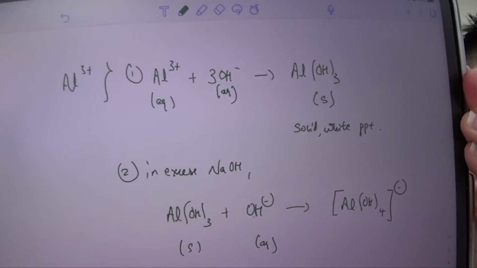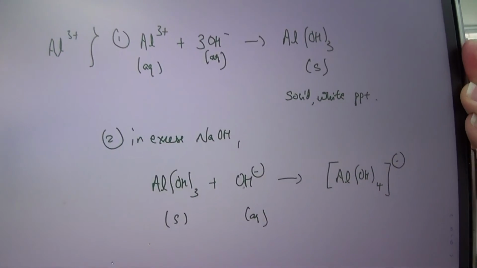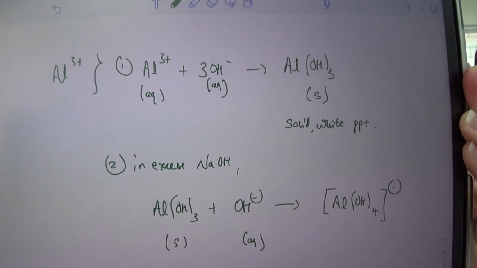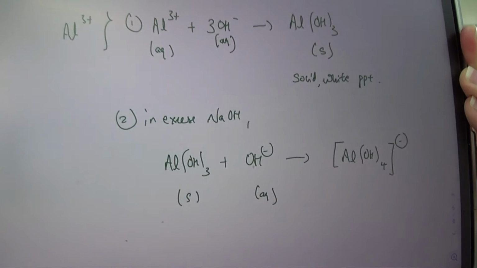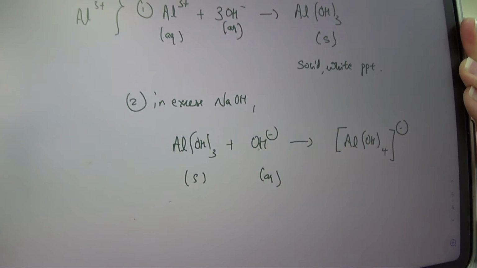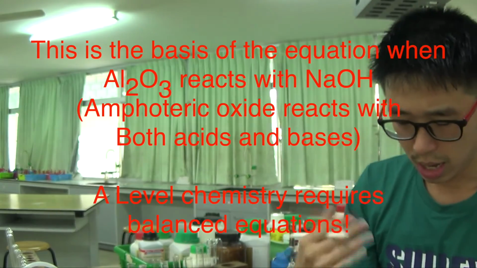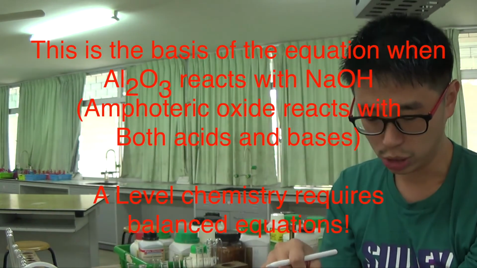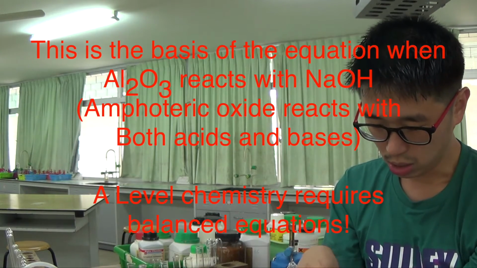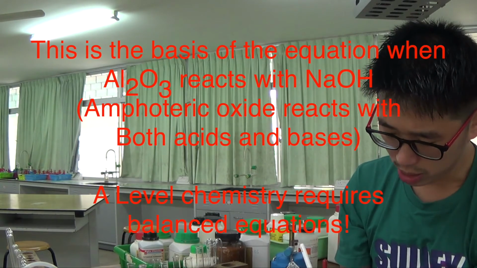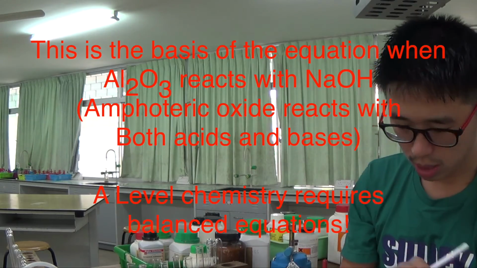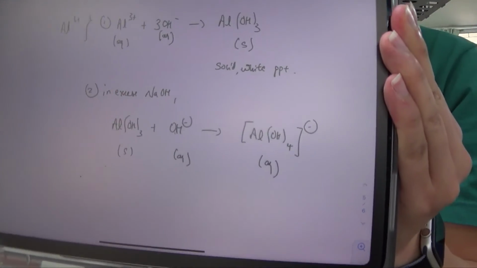I was going to record it, but I forgot. So aluminium hydroxide, and then there's the aluminium 3 plus with 4 OH minus. So you get the Al(OH)4 with the minus charge there. That last one is going to be aqueous because it is soluble again.